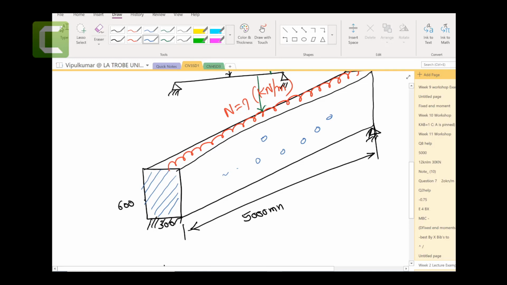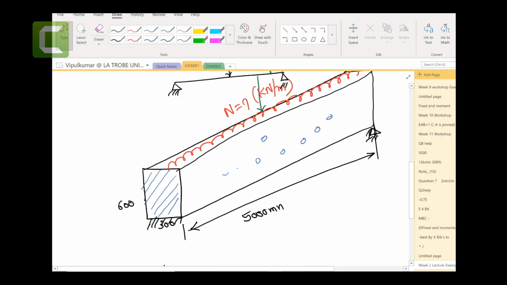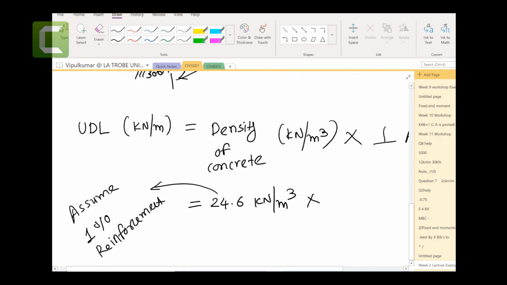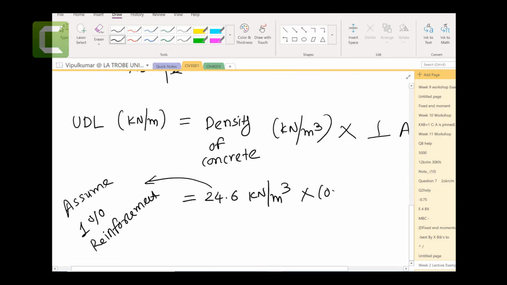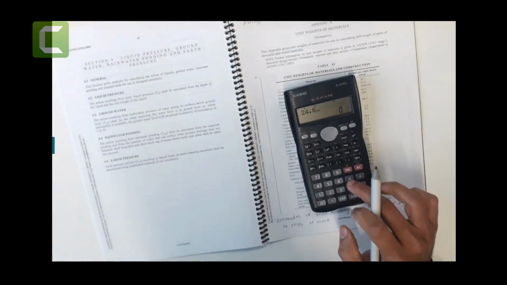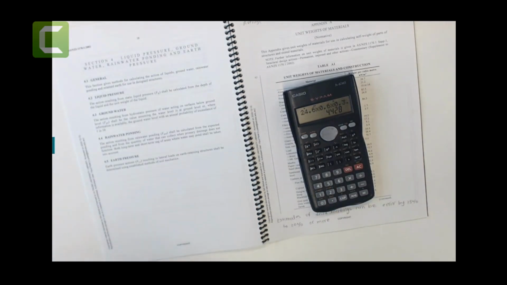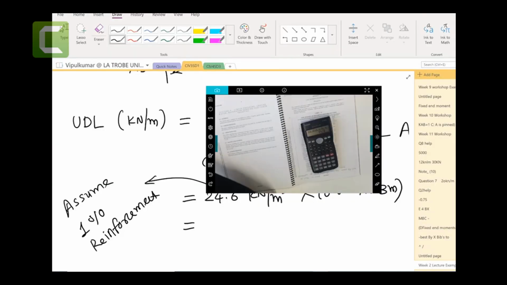So when I want to calculate this red one, then I would just multiply 600 by 300, so 0.6 meters by 0.3 meters. I just convert this into meters. So let's use the calculator. 24.6 times 0.6 times 0.3 gives me 4.43. Let's take it to 2 decimal places.